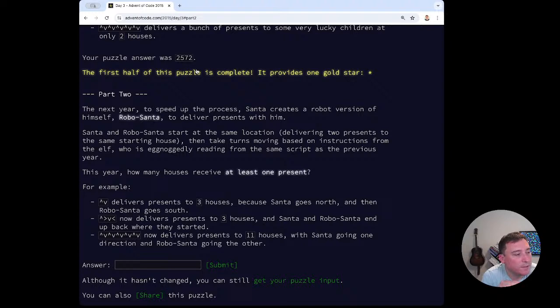So what we want to do is, we probably don't want Santa to... we want Santa to move, and we want to know the visited houses, but we also want to break the movements up and compare the two.